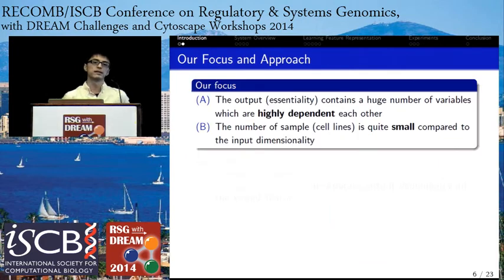For this problem setting, we focused on the following two difficulties. The first is that the output variables, that is essentiality, contain a huge number of variables which are highly dependent on each other. So this dependency should be incorporated into a model. The second difficulty is that the number of samples, that is, the number of cell lines, is quite small compared to the input dimensionality.